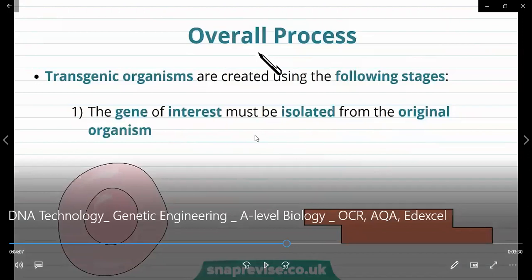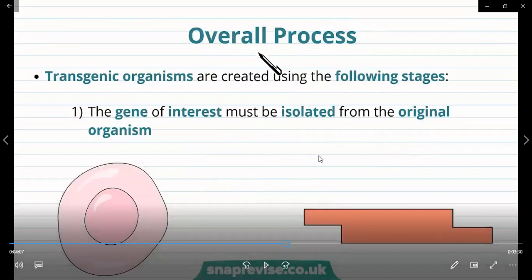The first thing you must do is find the gene that you want to insert into the next organism. For example, say you wanted some bacteria to start making insulin for you. The first thing you would need to do is find which chromosome in the cell contains the insulin gene.